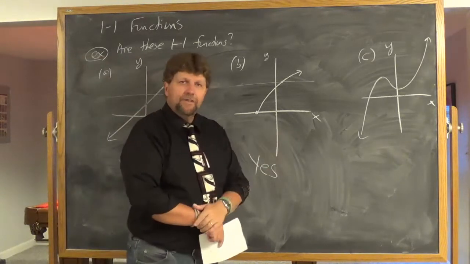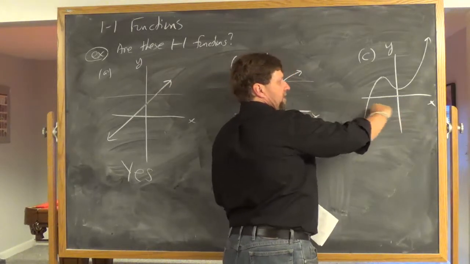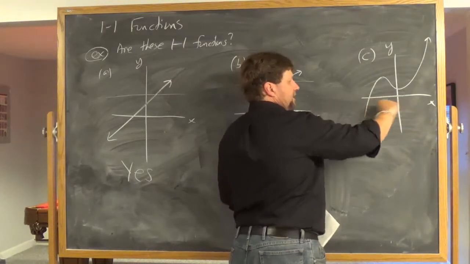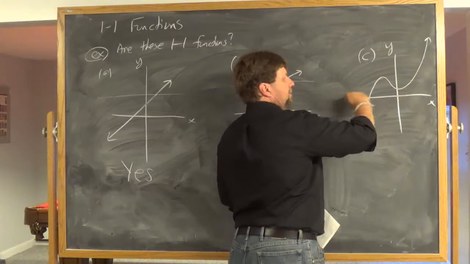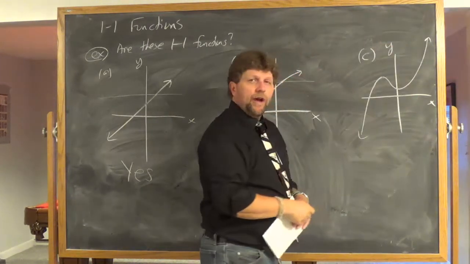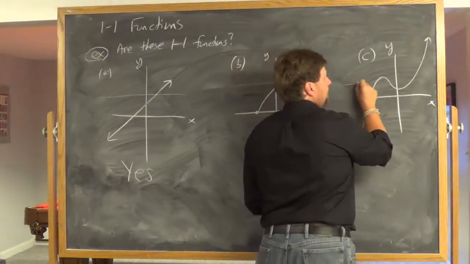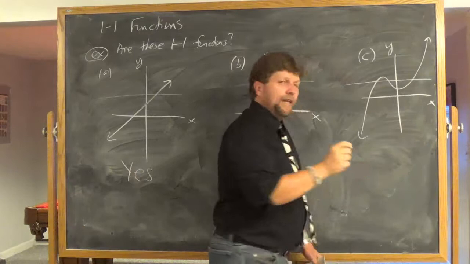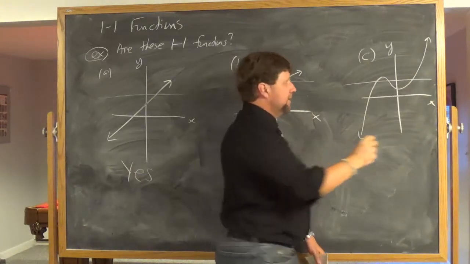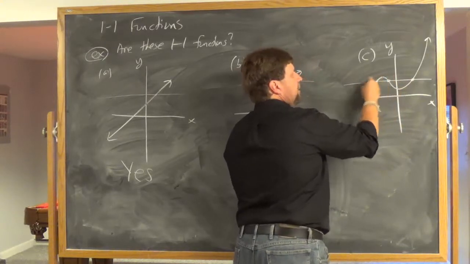Now let's look at the graph in C. It looks like if I draw horizontal lines here, it's only intersecting the graph in one point, or horizontal lines up here, it would only intersect the graph in one point. But if I draw a horizontal line right here, and all it takes is one horizontal line, this horizontal line intersects the graph in three points.